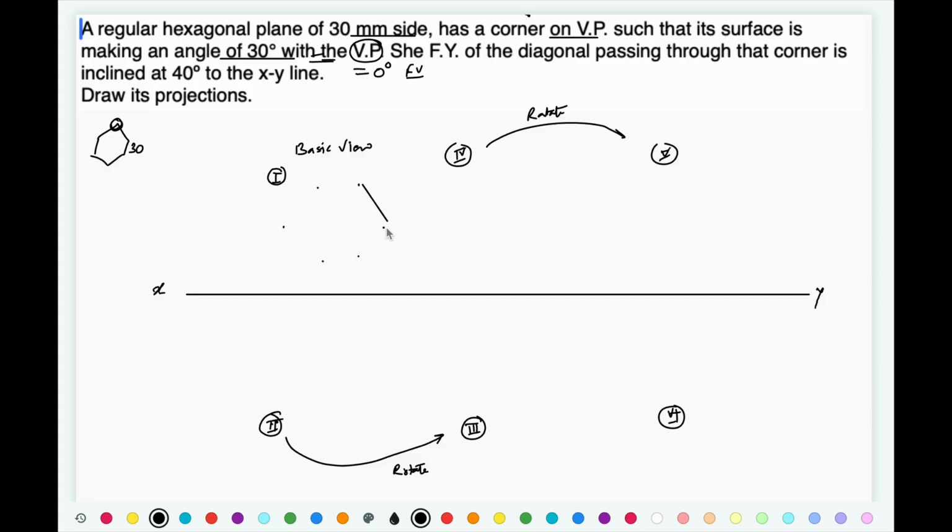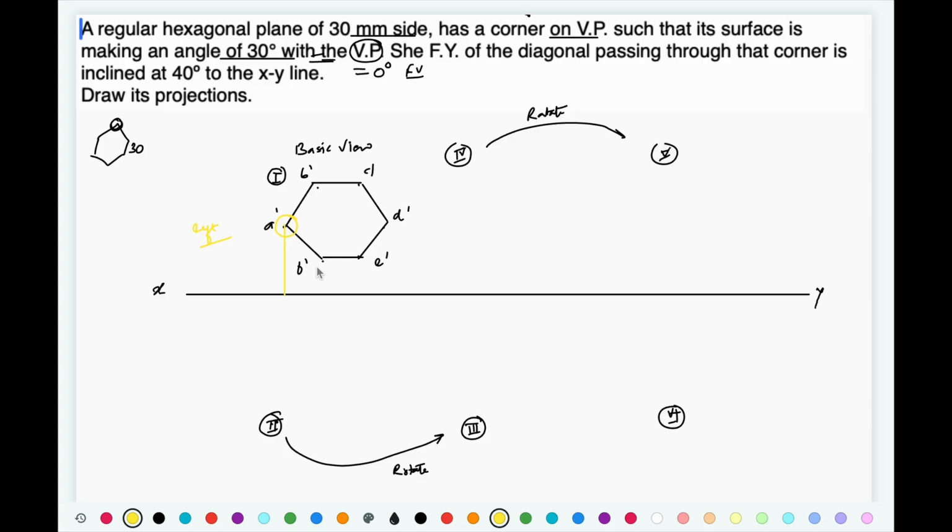So let's say this is going to be a hexagon, let's say this is A dash, B dash, C dash, D dash, E dash, and F dash. So this corner is the resting reference that we have kept at the left, and we have made the surface parallel to VP, so the solution is starting from the front view.